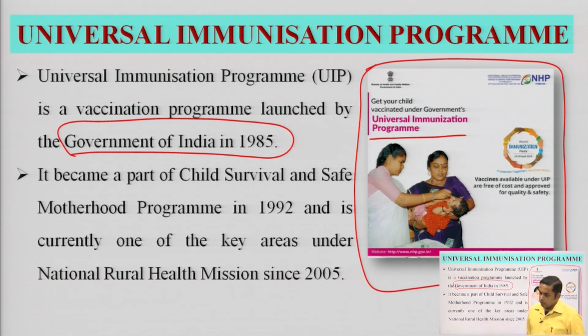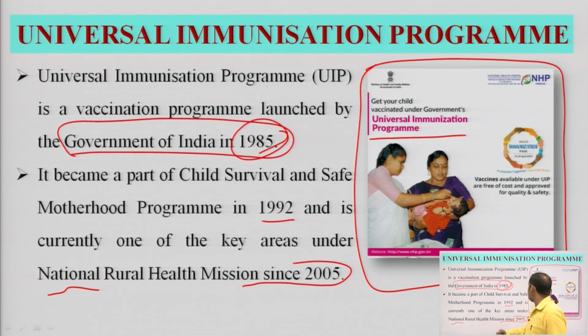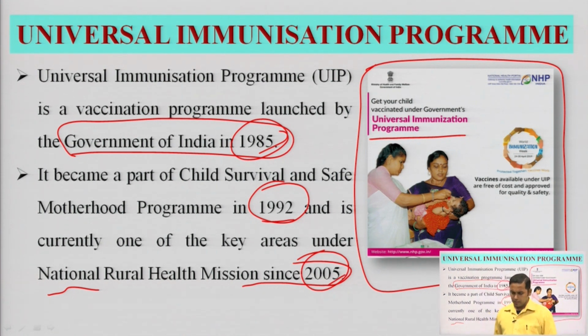It became a part of the Child Survival and Safe Motherhood program in 1992, and is currently one of the key areas under the National Rural Health Mission since 2005. So, you must note the years 1985, 1992 and 2005. To date this campaign is being run by the government, including some state governments in their respective states.